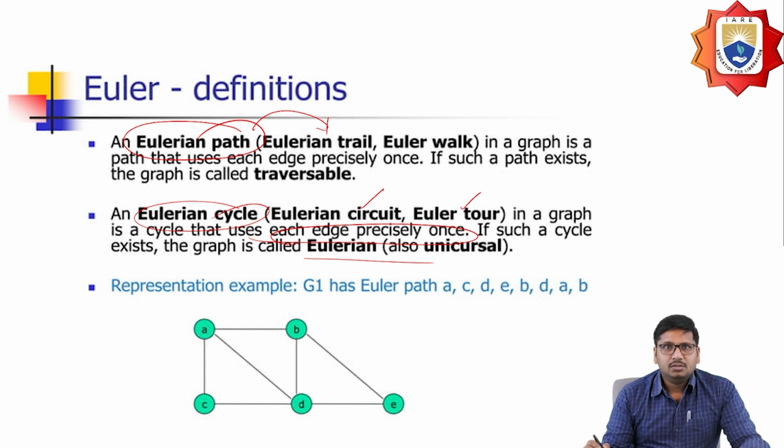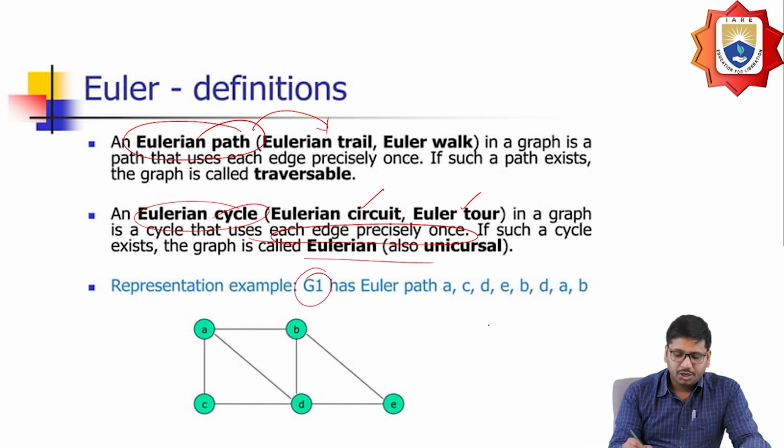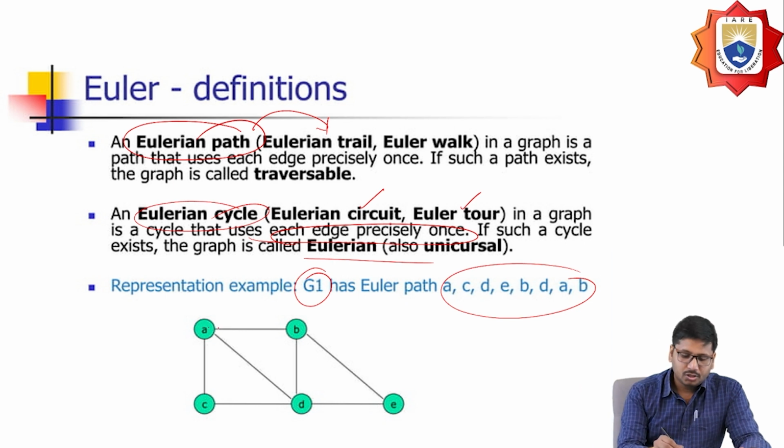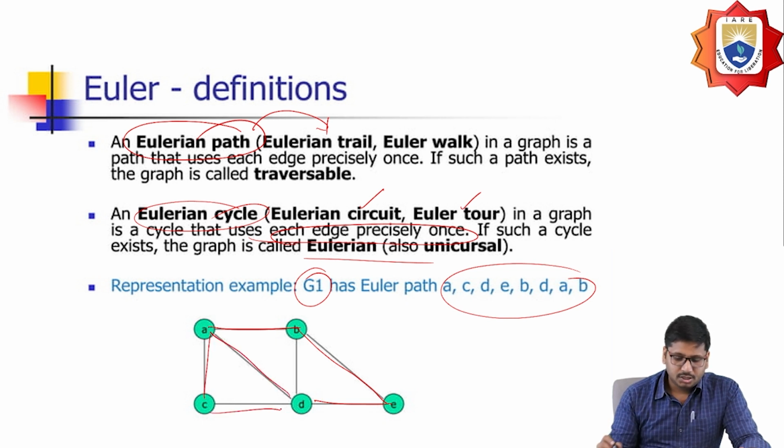Suppose a graph has vertices like this. What is the path that exists between them? AB, BD, DA, DC, and CD. Like this we are going to find the Eulerian path here.